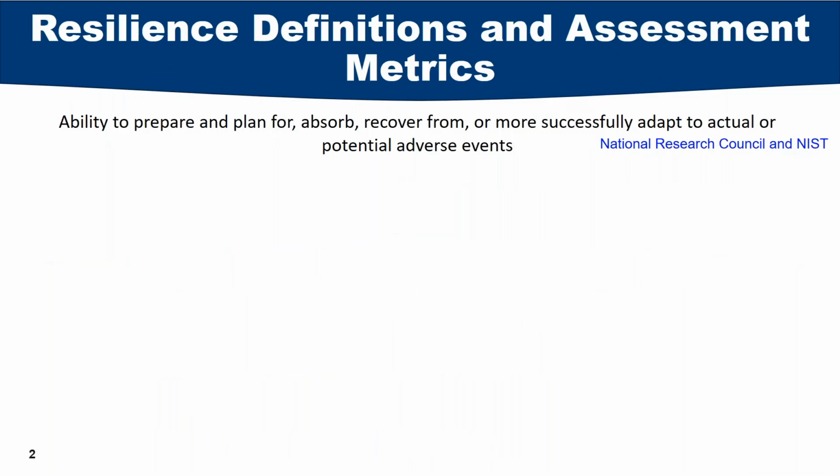So just a quick introduction here on resilience definition and different assessment metrics. Resilience is actually defined in so many different ways and so many different references. From the National Research Council and NIST, it's the ability to prepare and plan for, absorb, recover from, and more successfully adapt to an actual or potential adverse event.